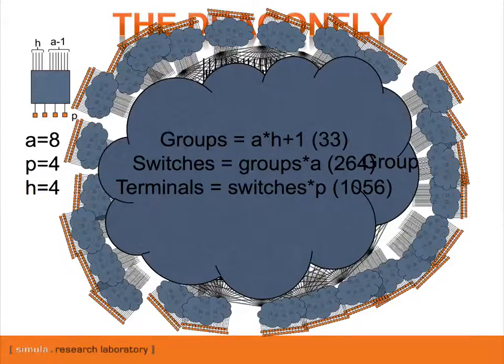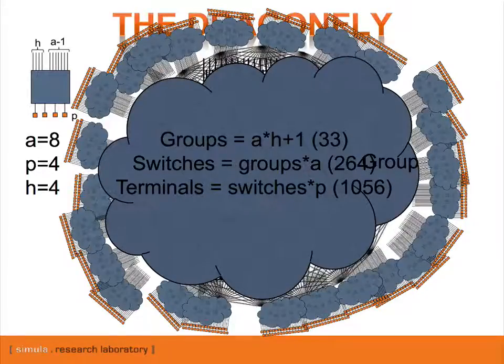And to keep this CBB ratio of 2, the authors of the original paper recommend you keep A twice as large as the number of P's and H's. And we'll see a bit more about that later. So how big can they be?